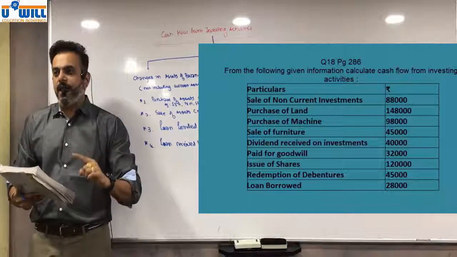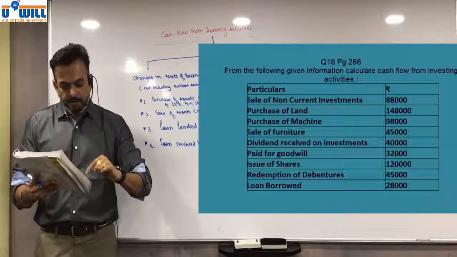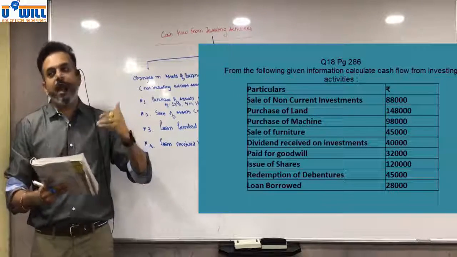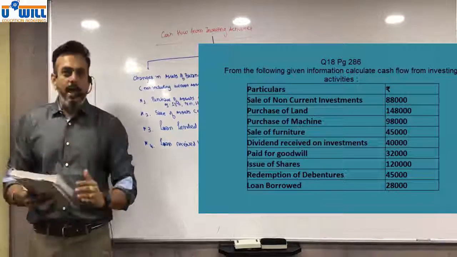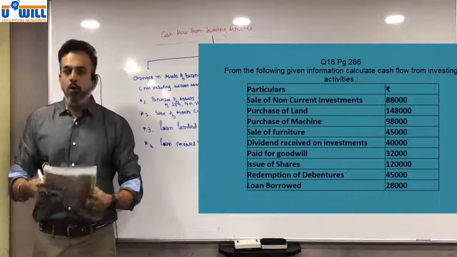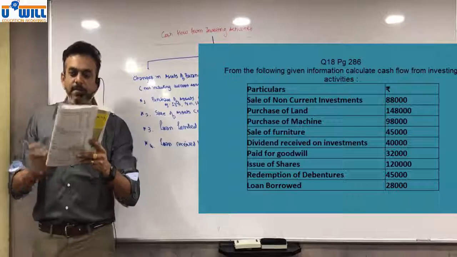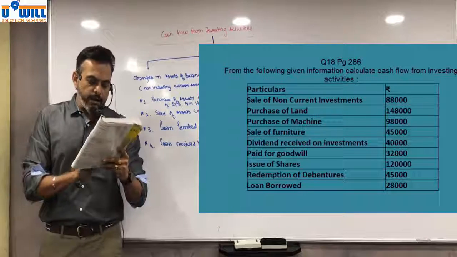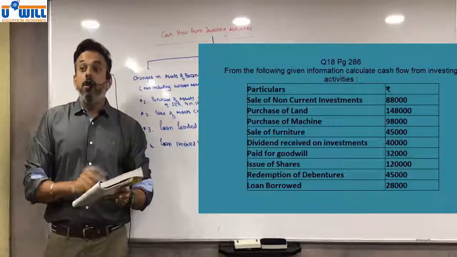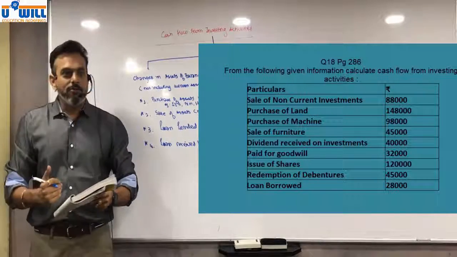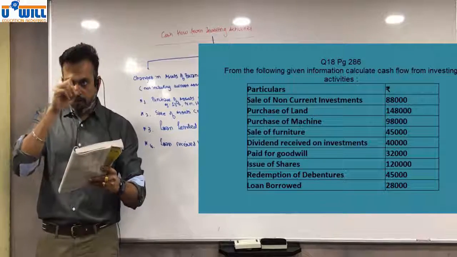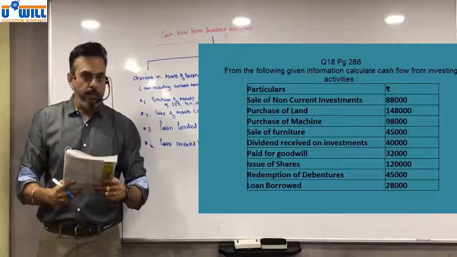Because it is a financing activity, issue of shares will not come. Here we have to prepare only cash flow from investing activities. Did everyone understand? Okay. Then redemption of debentures. Will it come? No. Okay. And loan borrowed. You took a loan, so that is financing, you received money. Okay. So that will also not come. Cross it.